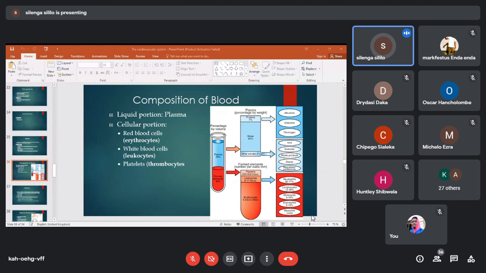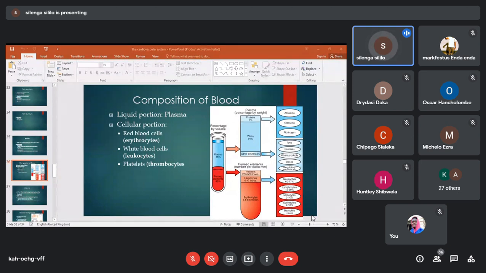We are talking about the volume of blood. One thing I forgot to mention is the bigger the animal, the bigger the volume. Compare a cat weighing 3 kgs with an elephant weighing almost 3 or 4 tons: the bigger the animal, the bigger the volume.